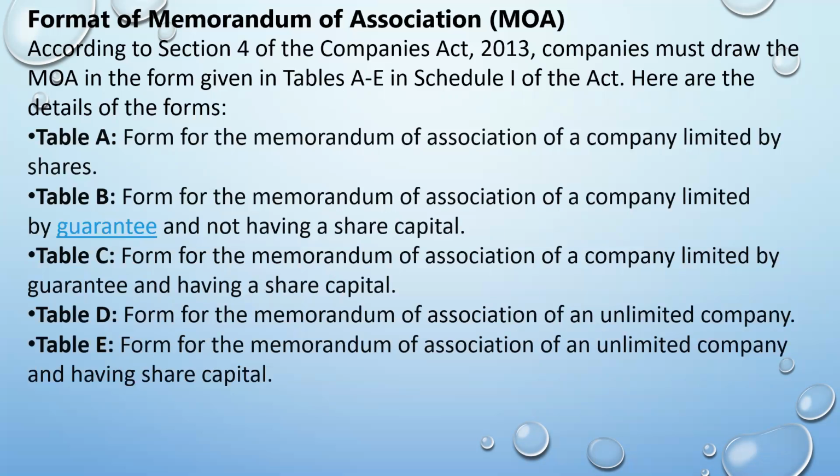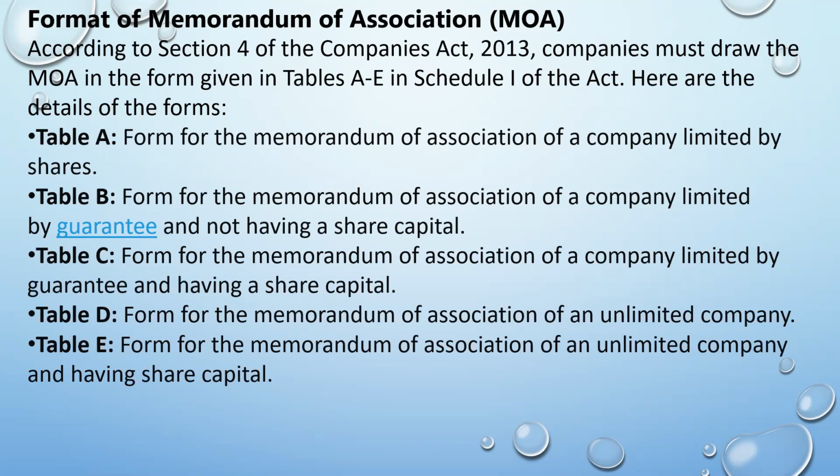Here are the details of the forms. Table A. It is a form for the Memorandum of Association of a company which is limited by shares. Table B. The form for the Memorandum of Association of a company limited by guarantee and not having a share capital. So students, every table is clearly specified for which company it is applicable.